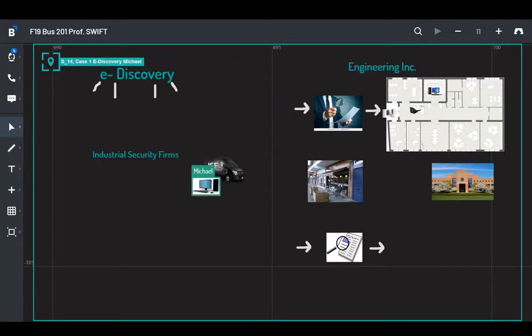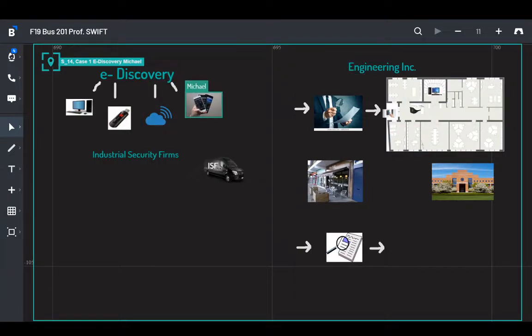Electronic information can be stored on computers, on thumb drives, more commonly today in the cloud, and finally on cellular devices, via text, email, etc.